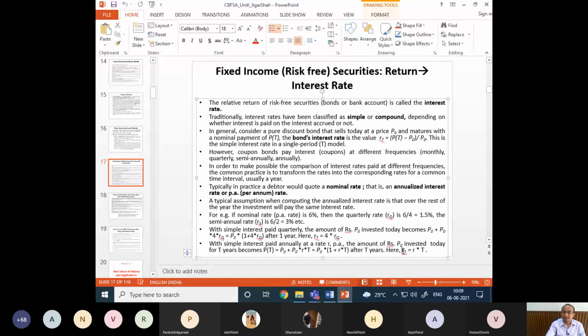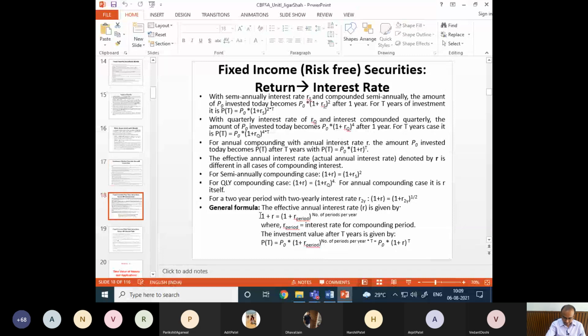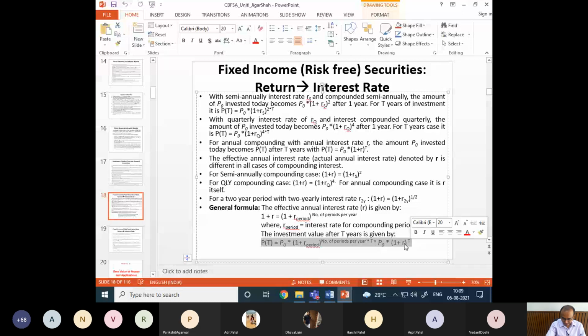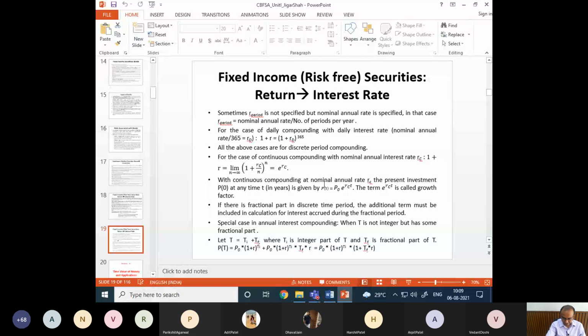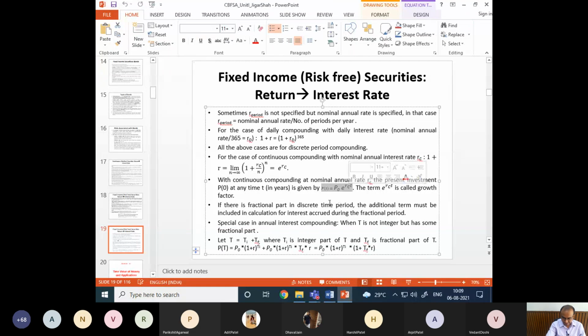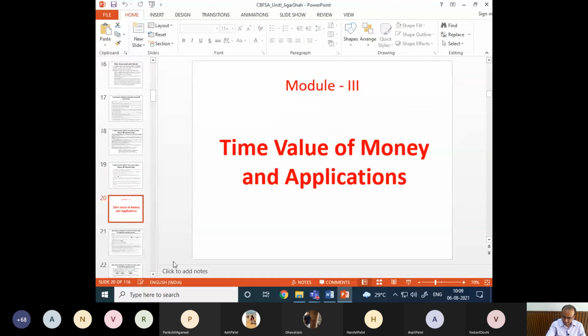If I specify the interest rate for the duration, then R_T is equal to R into T. In case of compounding, we have P_T equal to P0 into (1 plus R period) raised to the number of periods per year into T, or P0 into (1 plus R) raised to T, where R is the effective annual rate. Mostly we are interested in finding the effective annual rate, and that we can compare for different securities. If it is continuous compounding, the formula is P_T equal to P0 e raised to R_C into T. So that's what we learned last lecture.